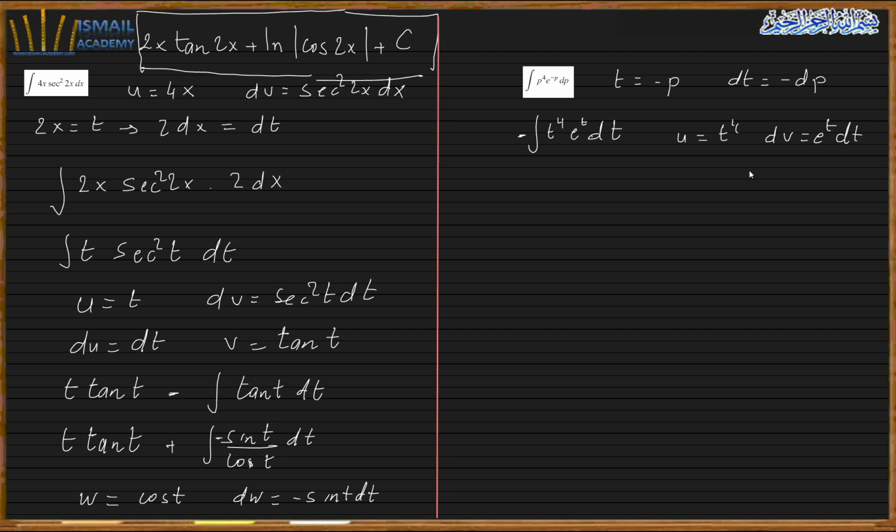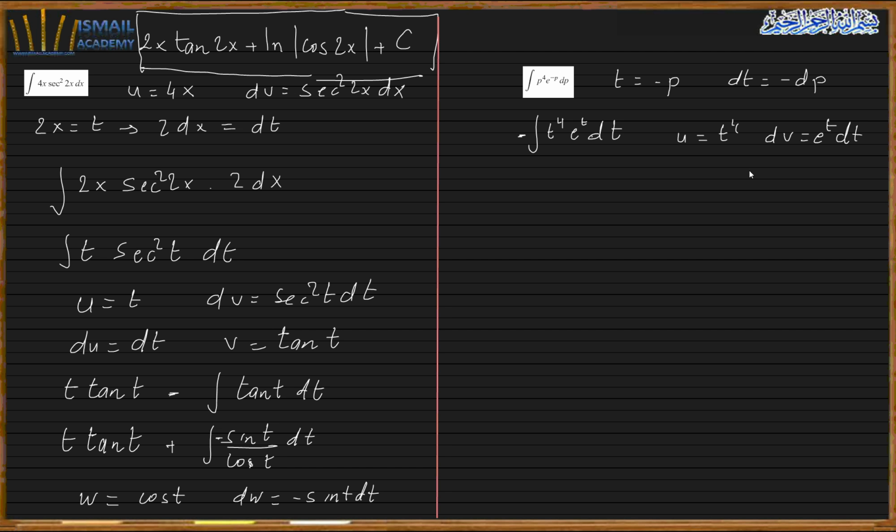And as you see, we'll end up having the same behavior. So it's going to be t cubed e to the t minus 3 times the integral of t squared e to the t dt. I do the same thing with the 2, but let me put this one in here and multiply it by 4.